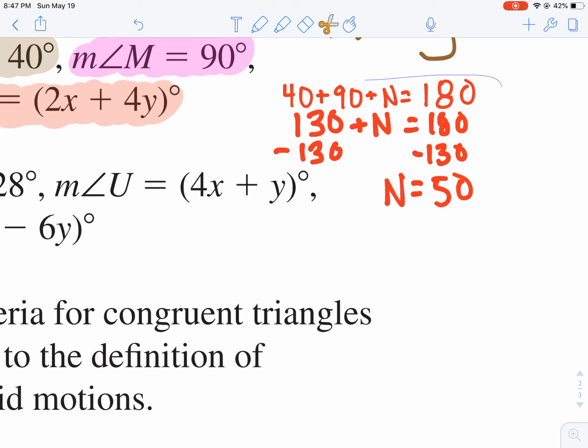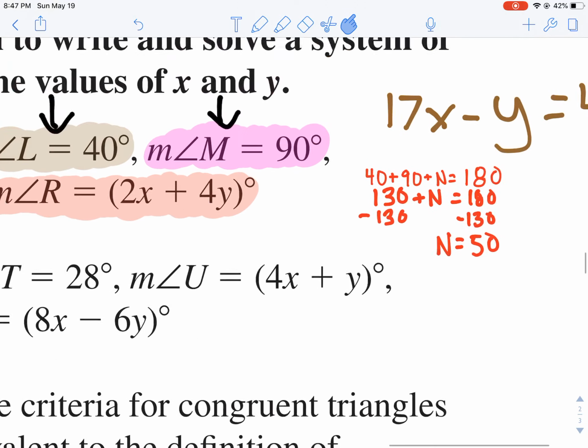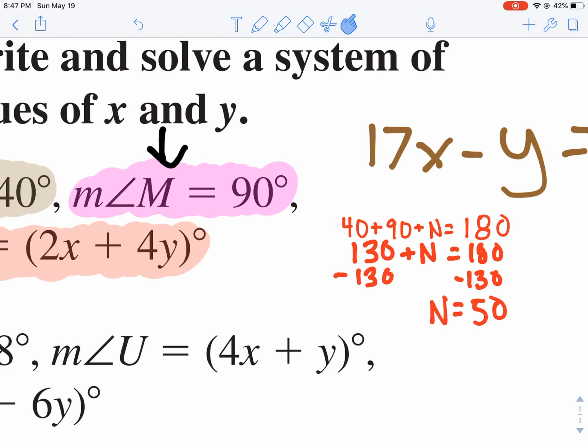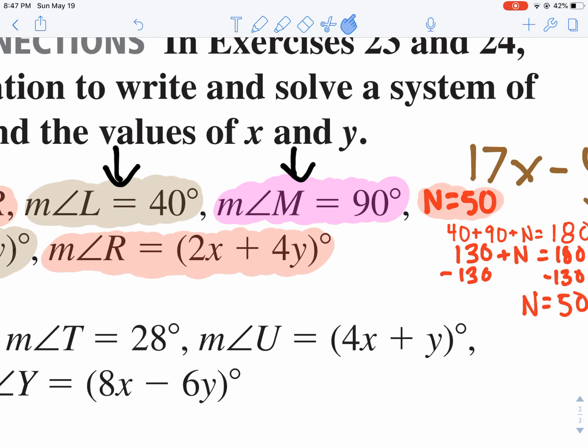And this can help me out. So I'm going to tuck this away a little bit here. Now up here, I'm even going to write N equals 50, and I'm going to color that in red. Let's see, do I have anything here that coordinates with red? I do. If you notice, R is also red. And I have 4y, excuse me, 2x plus 4y.